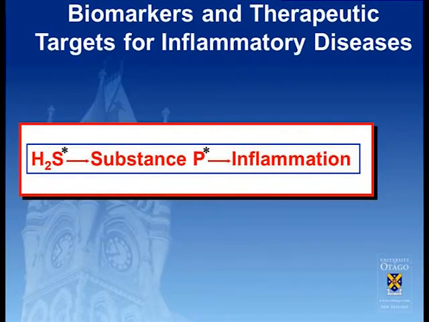So what we have got so far, and it's an ongoing process, research is really something that is difficult to predict, but we believe what we have got so far is that hydrogen sulfide is a new mediator of inflammation that activates substance P, and that in turn contributes to inflammation.